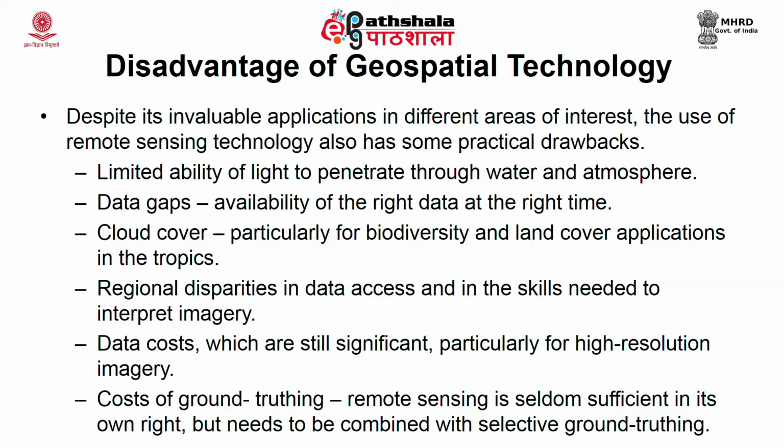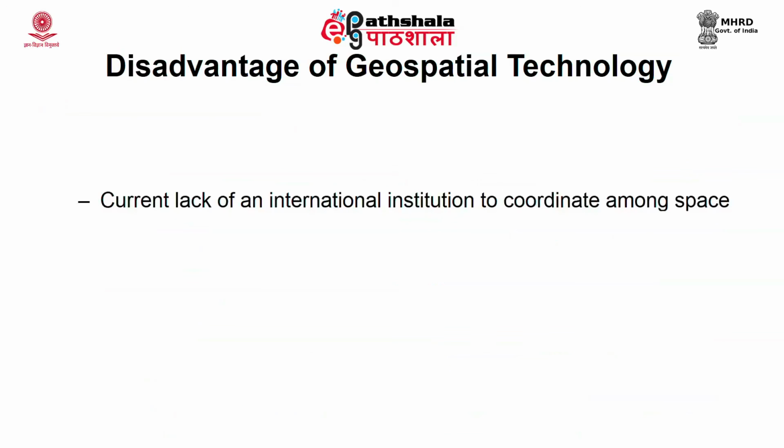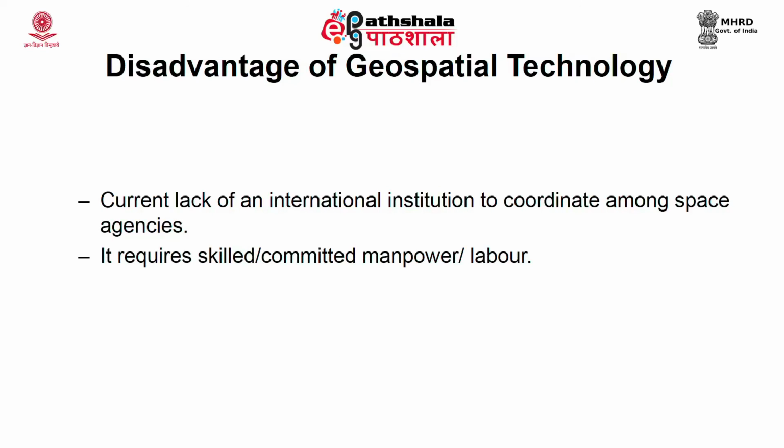Also, the cost of ground truthing cannot be removed in totality, as remote sensing is seldom sufficient in its own right. Also, there is a current lack of international institution to coordinate among space agencies. The interpretation and analysis of geospatial data requires skilled and committed manpower or labor, which is also a limitation.